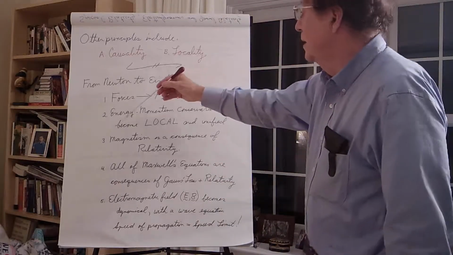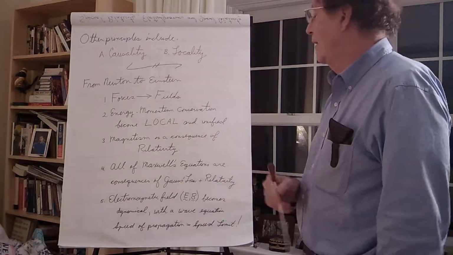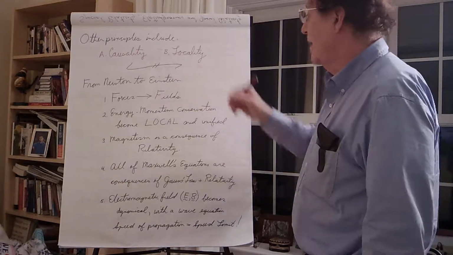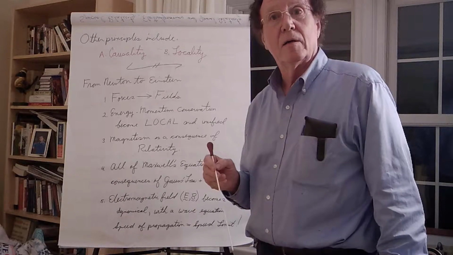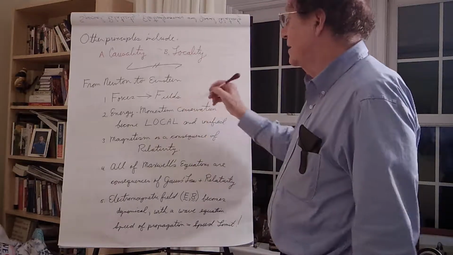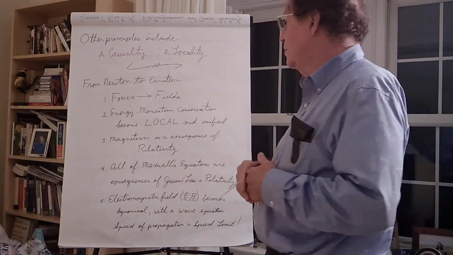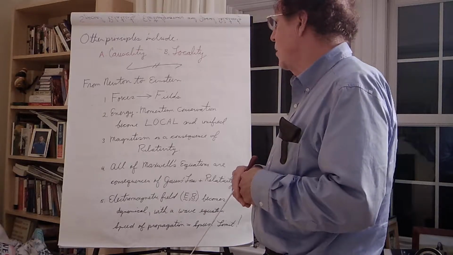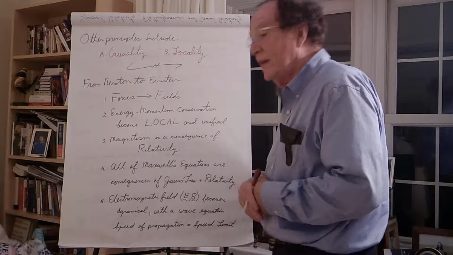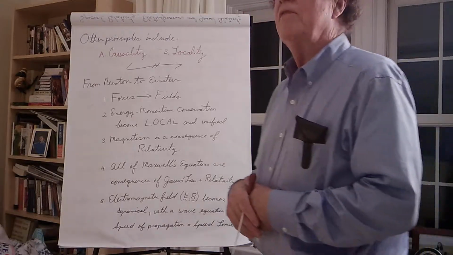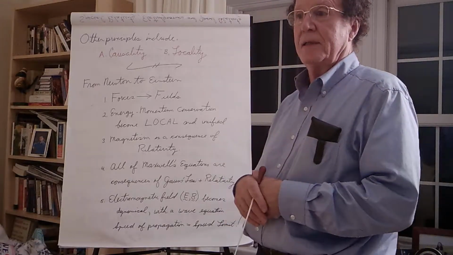We'll find also that very familiar features of the real world, like magnetism, are actually a consequence of relativity. We'll see that magnetism doesn't sit well in Newton's world, but it's a natural consequence in relativity. It's a velocity-dependent force.